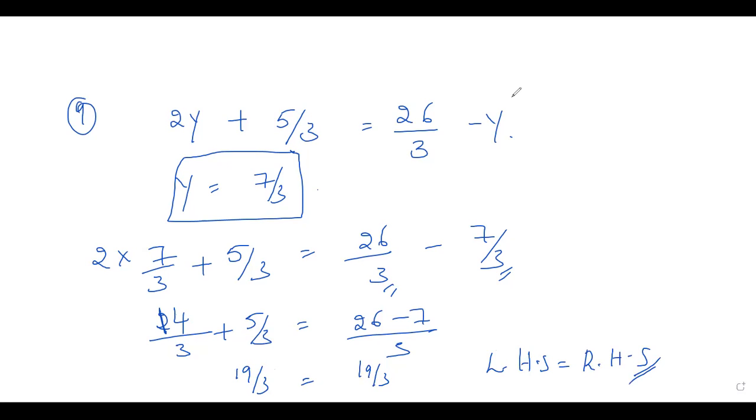We'll see the last sum, children. 3m is equal to 5m minus 8 by 5. Okay, so here, children, 5m, the bigger number, is on the right side and the smaller number is on the left hand side.